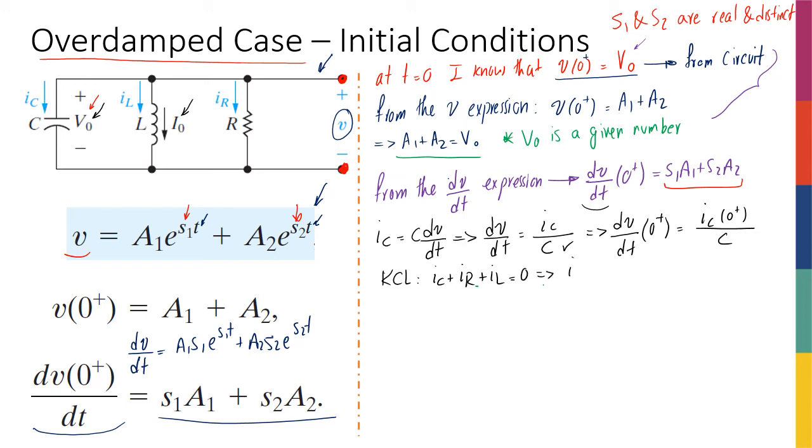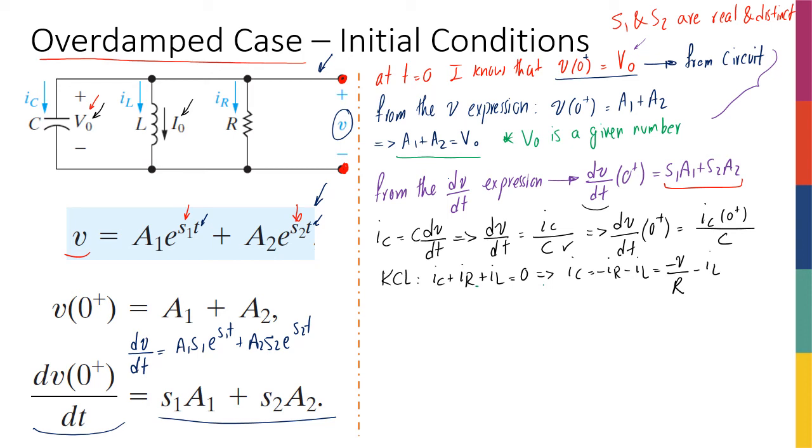Therefore, IC is equal to negative IR minus IL. Now, what is IR? It's V divided by R, so it's going to be negative V over R. And what about IL? It's just IL.